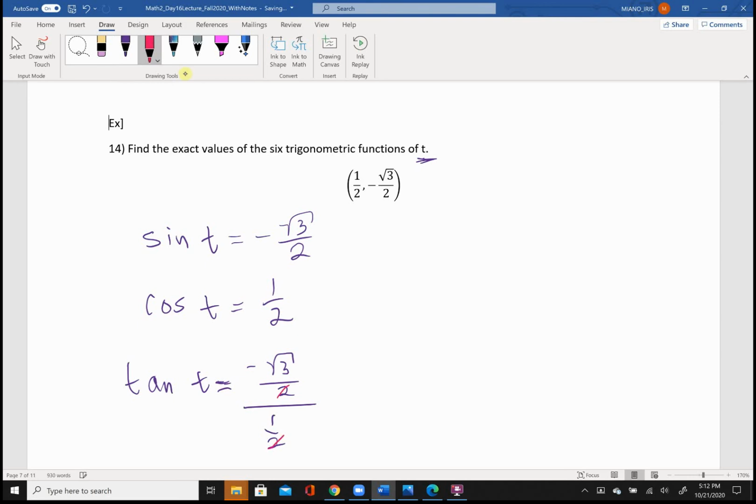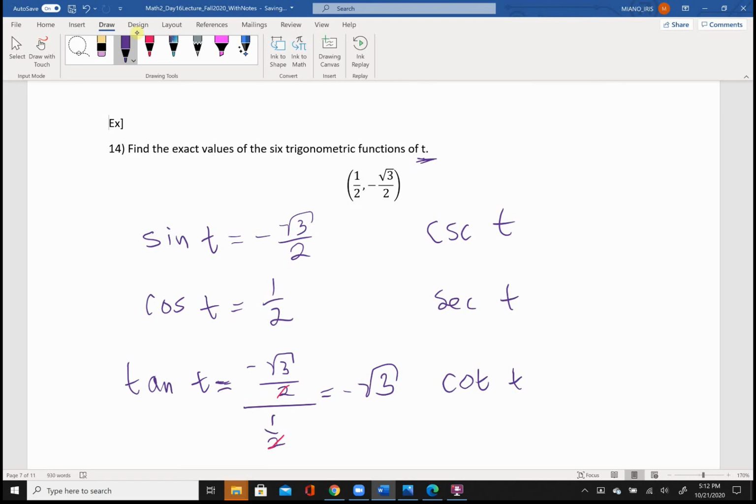If you're familiar with doing the simplification without having to rewrite it, you're going to get negative root 3 for the tangent of t, and then you have your reciprocal functions: cosecant t, secant t, and cotangent t, respectively.